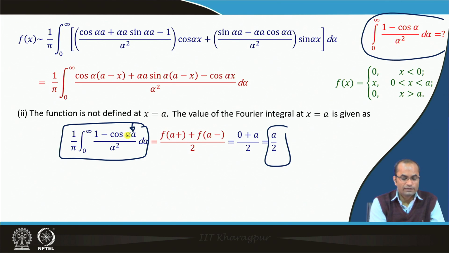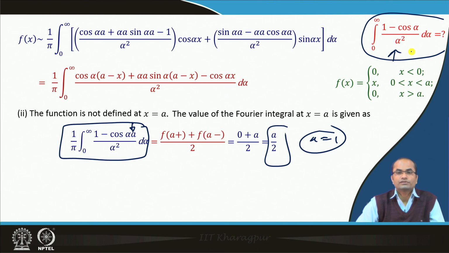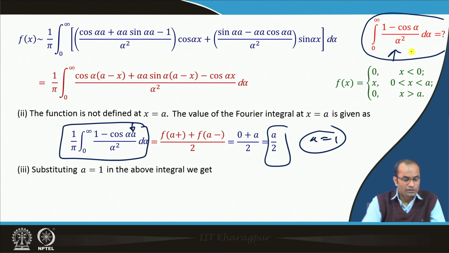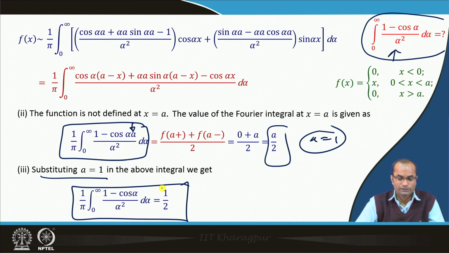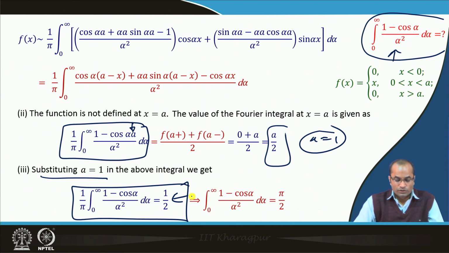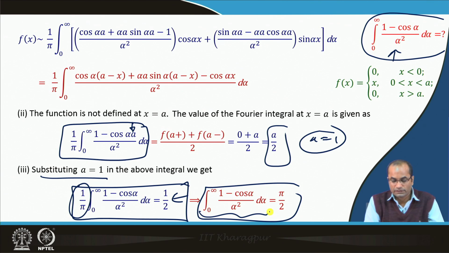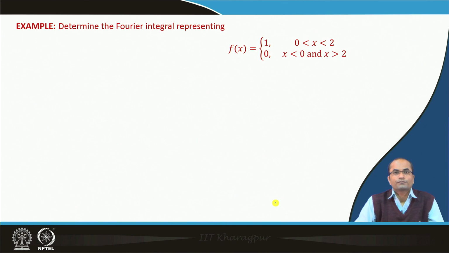If we put a equal to 1 there, we are exactly getting the integral which was asked in the question. So, substituting a equal to 1, we get the desired value of this integral, and the value is just half. So, we got pi by 2, since there was a 1 by pi factor there. So, the value of this integral is pi by 2.